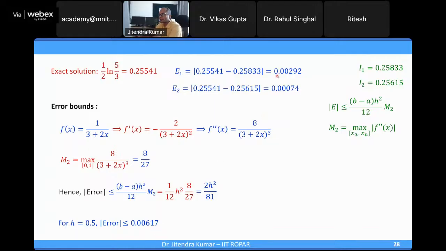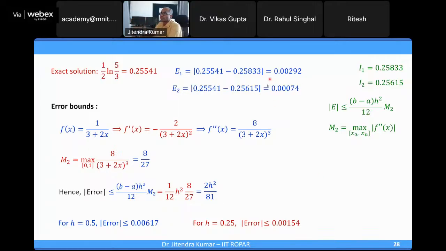And what was the actual error? Actual error was 0.00292. Of course, it is bounded by this one. In the second case, when h was 0.25, this error by this formula should be bounded by 0.00154.